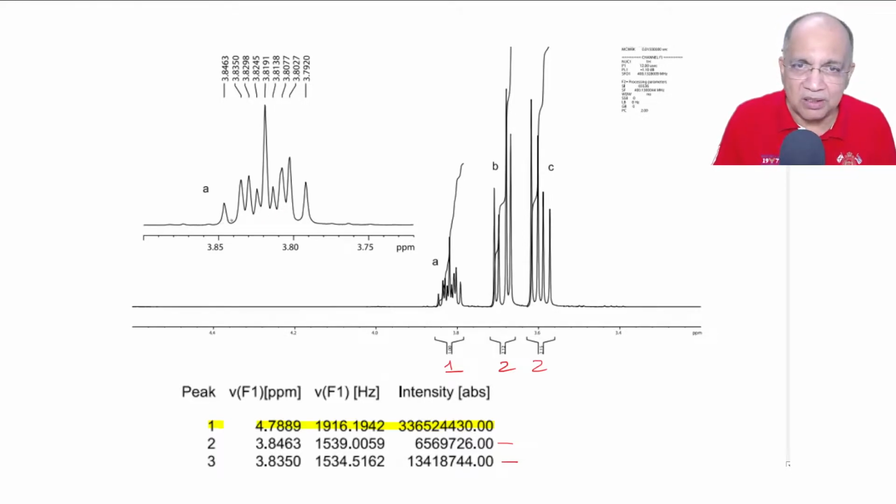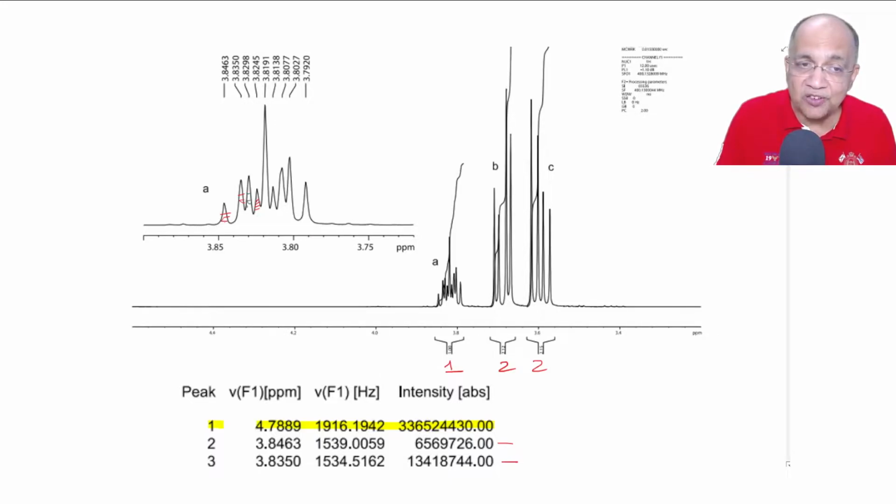Now if you very minutely observe this 9 lines, you'll find this is the first triplet, 1:2:1. The second one starts from here, coming to the left of the last line of the first triplet.